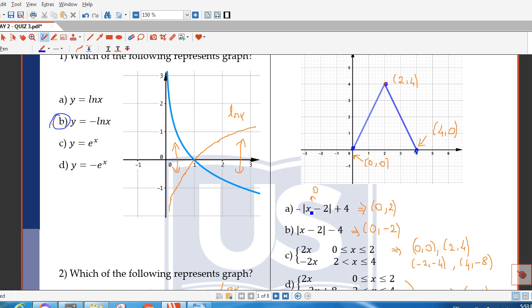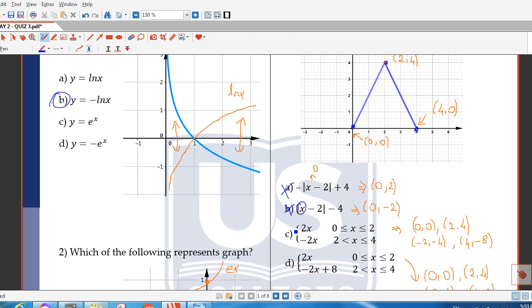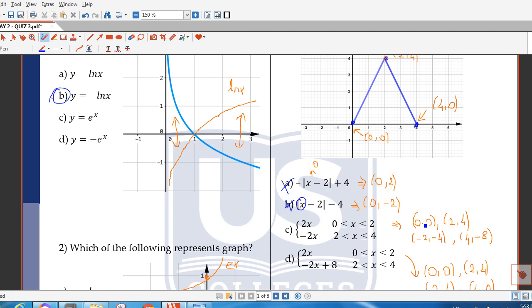If I write 0 in the first function, it gives us 2, which is not true. Writing 0 instead of x gives negative 2, which is also not possible.